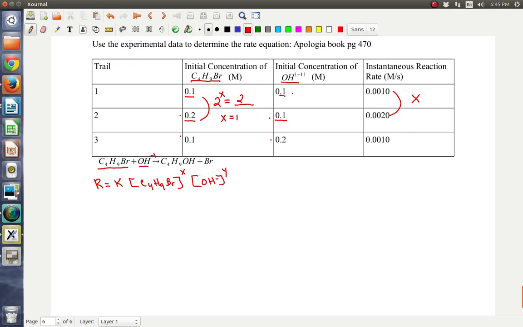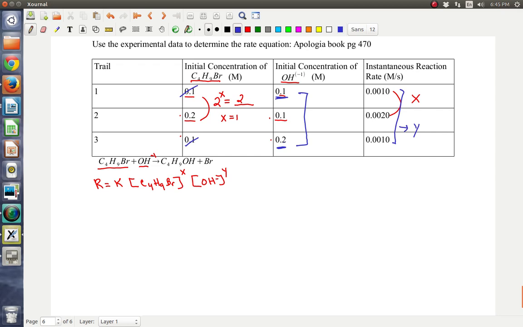What I can use, though, is trials 1 and 3. In trials 1 and 3, see, this changed but these stayed the same. So any change from here to here is going to figure out your y.